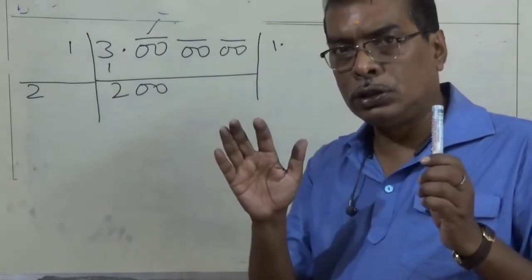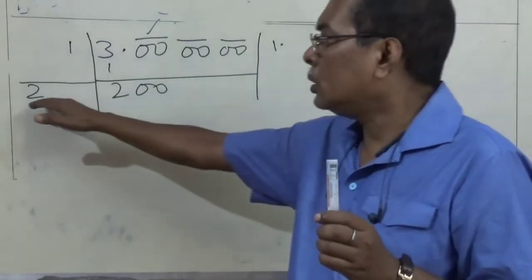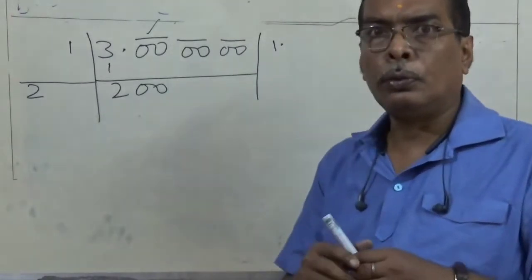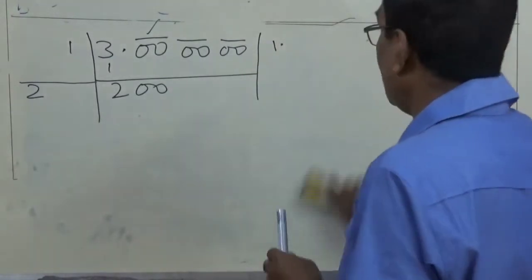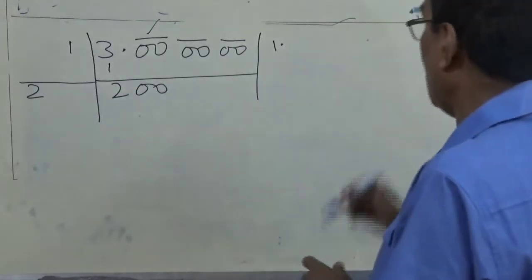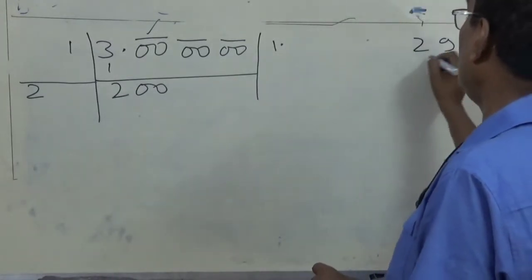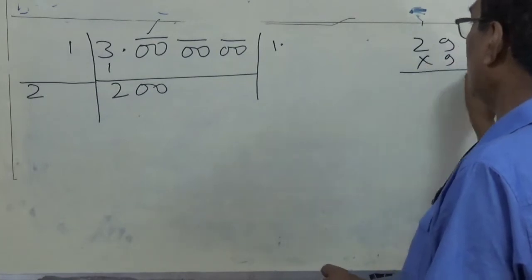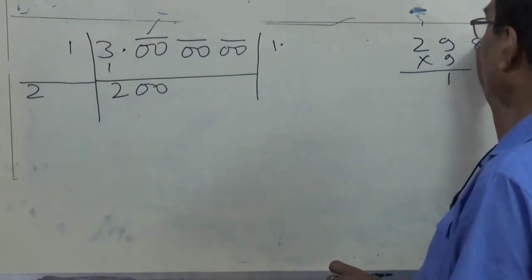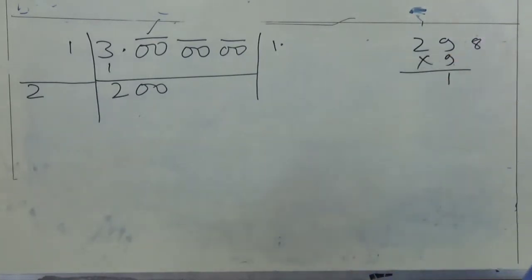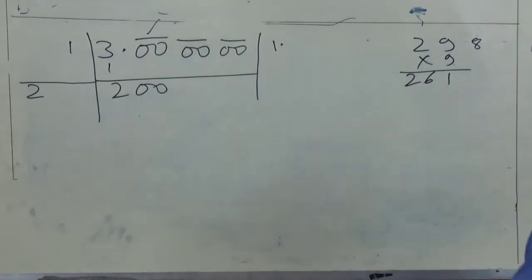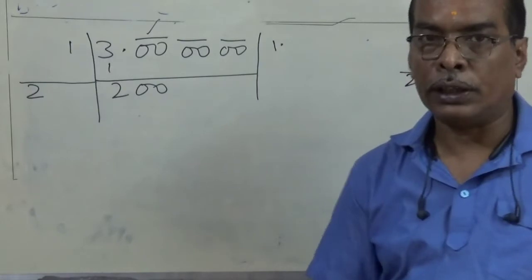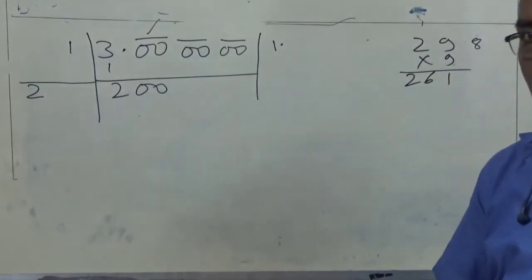So, take a test: multiply 29 with 9. 29 into 9 will be how much? 9 9s are 81, carries 8, 9 2s are 18, 26. 261 has come, which is more than 200. So it will not allow.